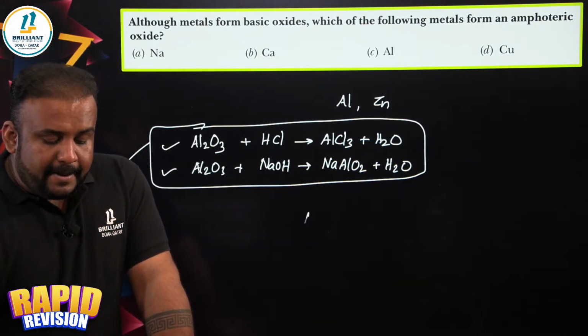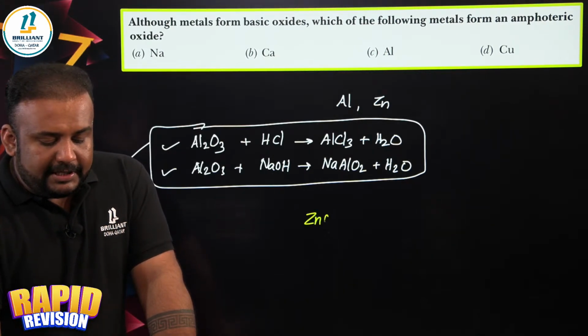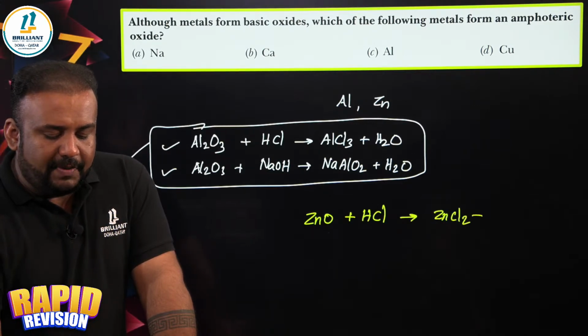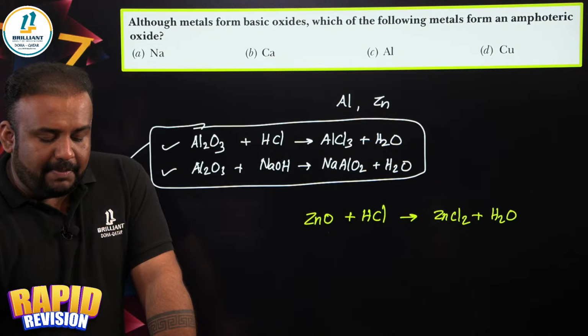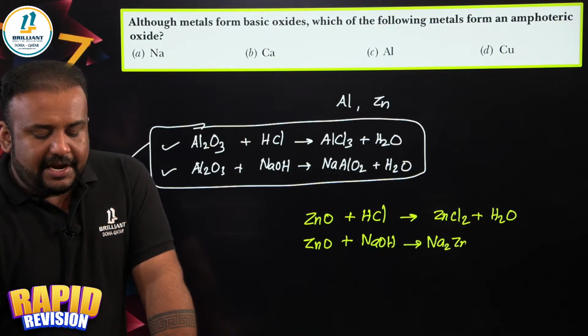Now similarly, if they ask you about zinc, ZnO when it reacts with HCl, you get ZnCl2 plus H2O, zinc chloride plus water. Similarly, ZnO when reacting with NaOH, you get Na2ZnO2 plus H2O.